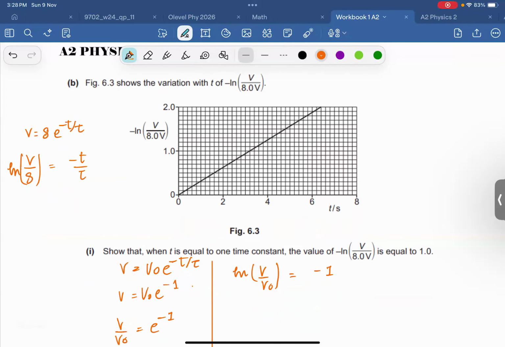When t is equals to one time constant, the value of ln, we basically have to figure out at which time t is equals to one time constant.